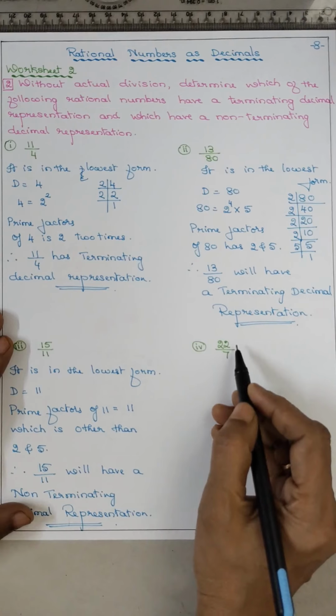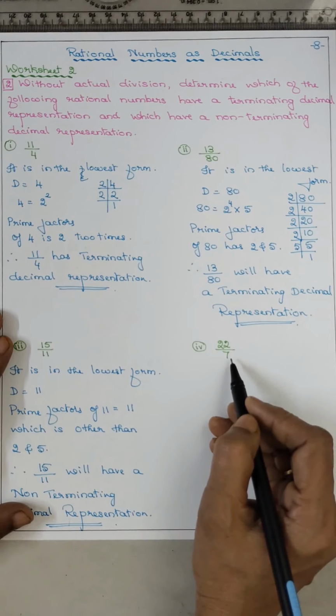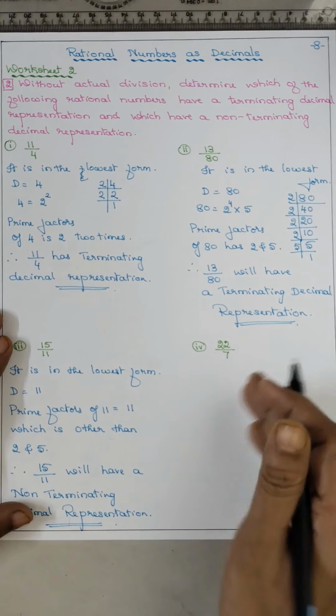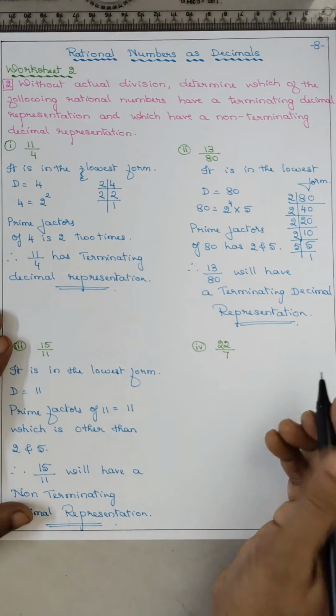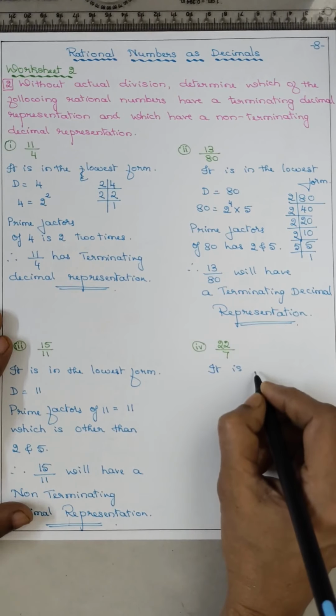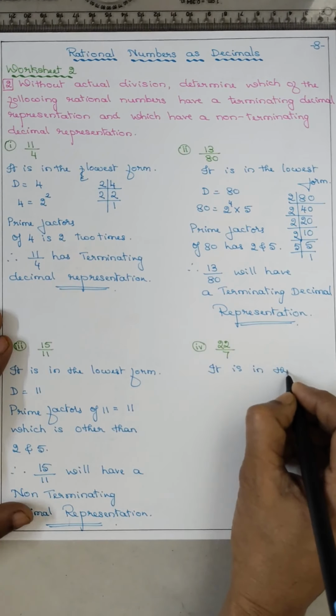Now 22/7. 22 is not in the table of 7, it is 21. So it cannot be further simplified. So again it is in the lowest form.